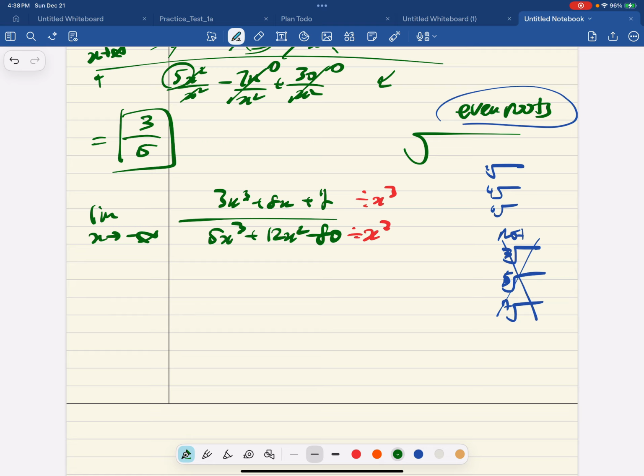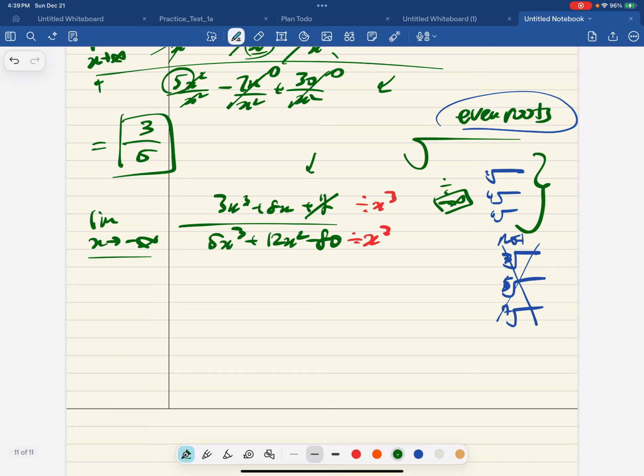But let's say we do a normal limit, x approaches infinity, but now this time negative infinity, because the tricky part comes when it is dividing by a negative infinity value. Dividing by negative infinity, if there's no even root, is doing the same process. So this will become a 0, this will become a 0. That one will cancel out, but 3 remains. Same thing cancels out, but 5 remains.